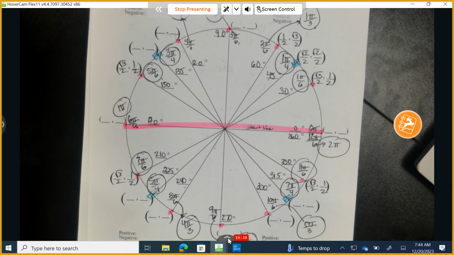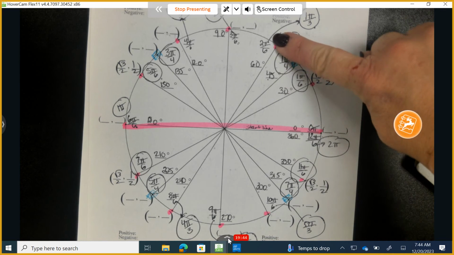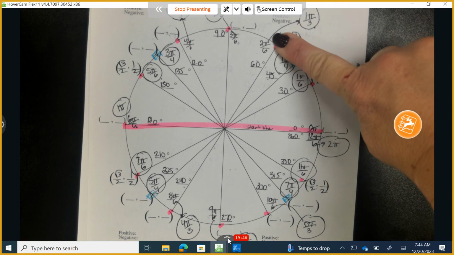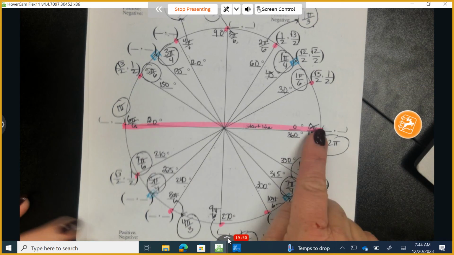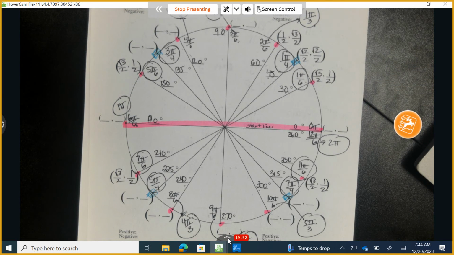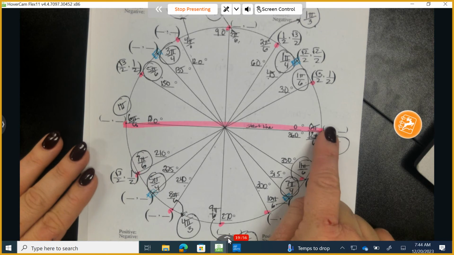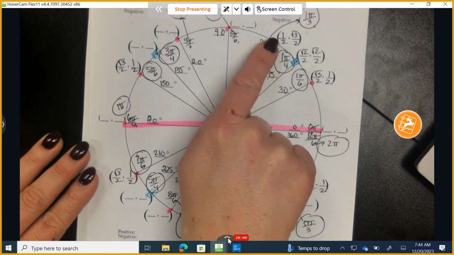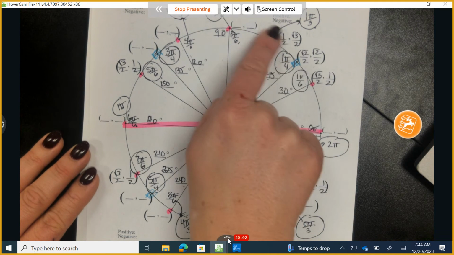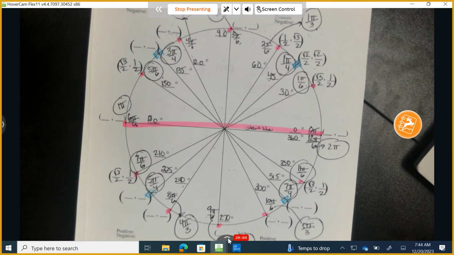Okay, you ready? When you're done, we're going to look at 60 degrees. So here is 60. Where are there 3 other places that, when you measure it back to what we think of as the x-axis, it is 60 degrees to go up to the point or 60 degrees to go down?